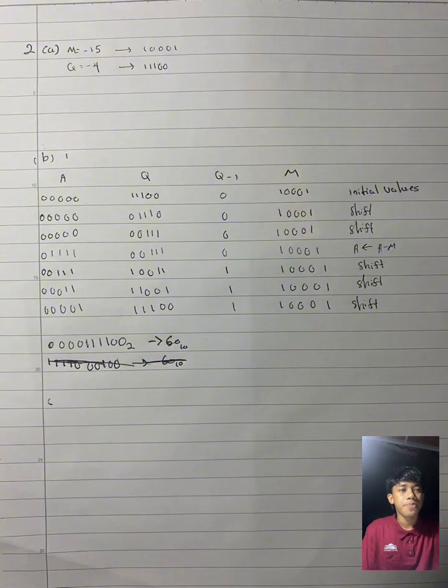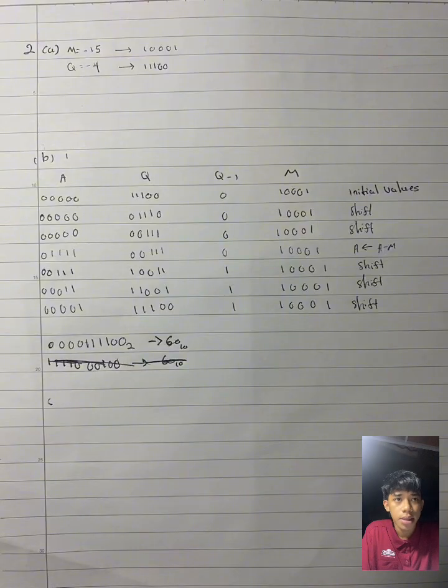For part B, Booth's algorithm table. For Booth's algorithm we use 4 registers: A the accumulator, Q the multiplier, Q minus 1 the extra bit, and M the multiplicand. We also need negative M, which is 01111.